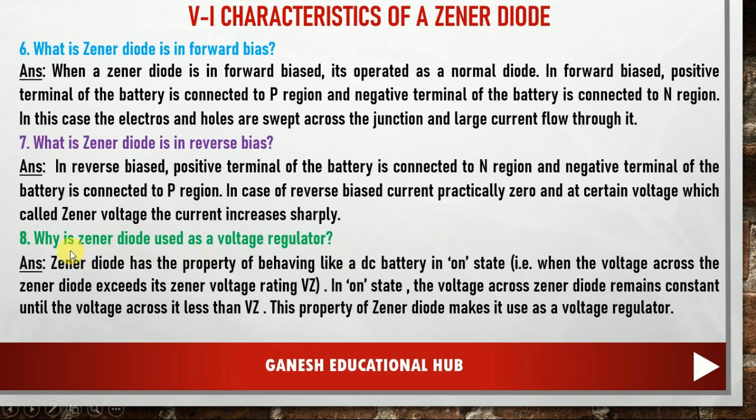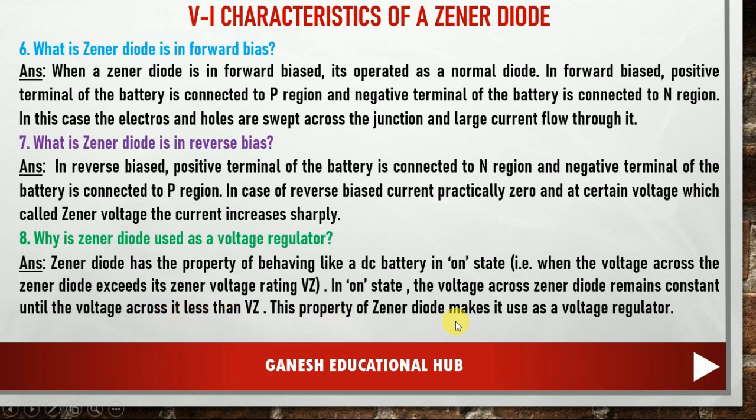Next question: why is a Zener diode used as a voltage regulator? The most important question. The Zener diode has the property of behaving like a DC battery in on state, meaning when the voltage across the Zener diode exceeds its Zener voltage rating Vz, the voltage across it remains constant.